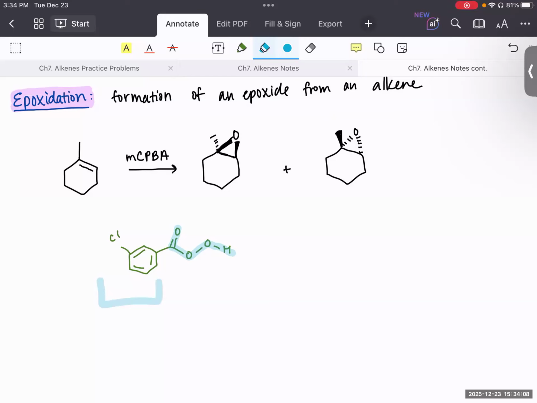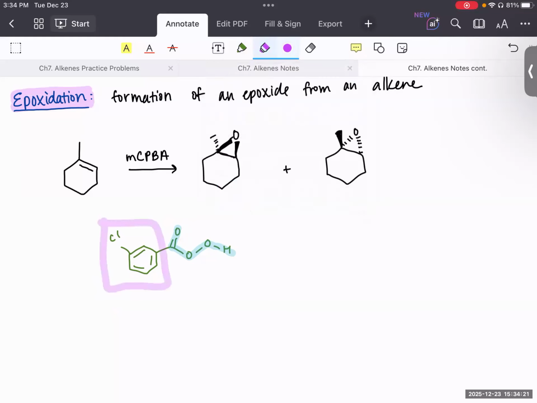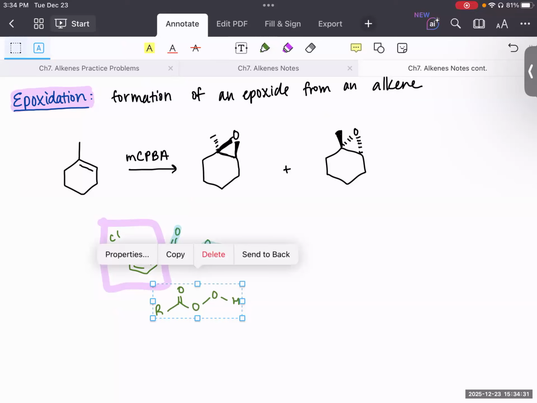What you have to recognize is that this circled part is capable of performing this reaction. For this mechanism, I'm just going to substitute this group on the left as an R group, and that's what I'll use to represent it within this reaction.